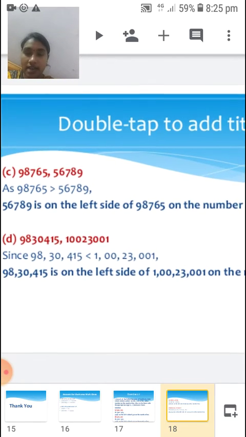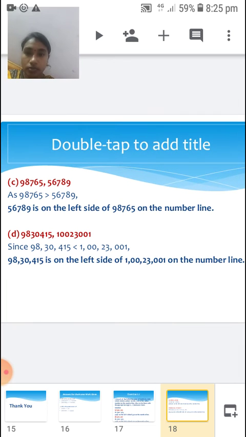Here we have a much bigger number. It is 98,765 and 56,789. We know that 56,789 is the smaller number. Always the smaller number will be on the left side of the number line, followed by the greater number.